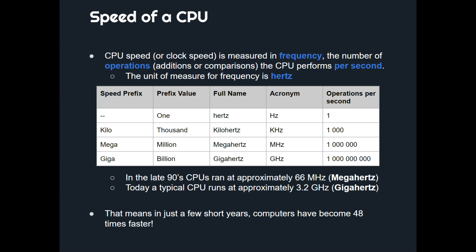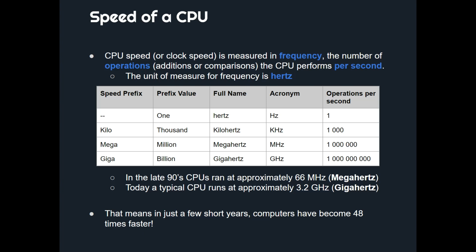This little table below breaks down the multipliers of the various units from that standard measurement. So 1 hertz is your basic. When you have a kilohertz, that's 1,000 hertz. Now you've heard the term kilo before, whether that's kilogram, which is 1,000 grams, or kilometer, which is 1,000 meters. Kilo always means 1,000.